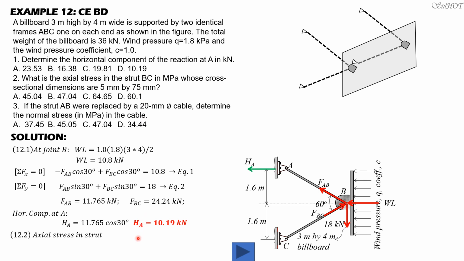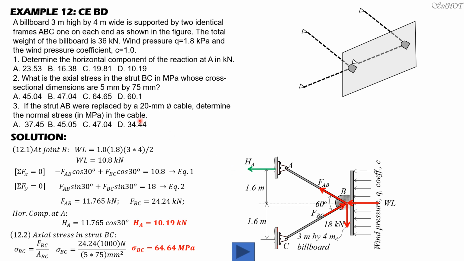So axial stress in strut BC is FBC over area BC, 24,240 divided by 5 times 75. So the answer is 64.64 megapascals.